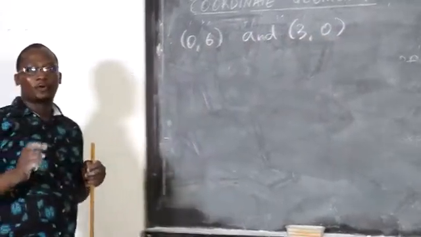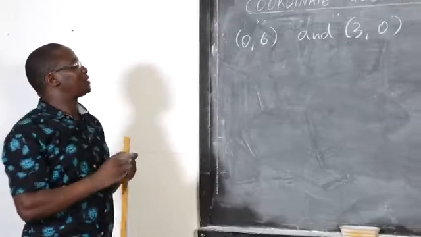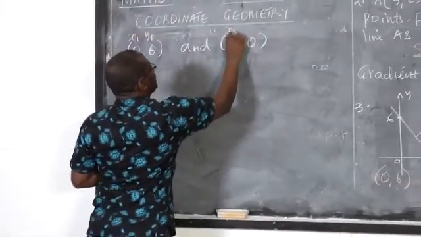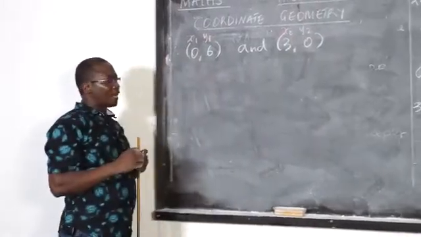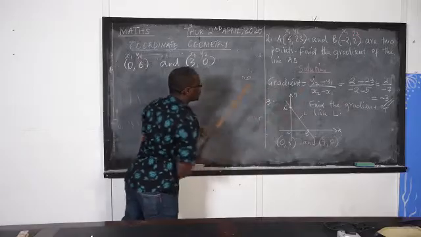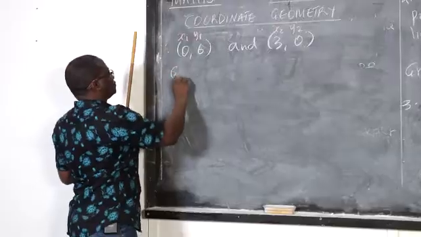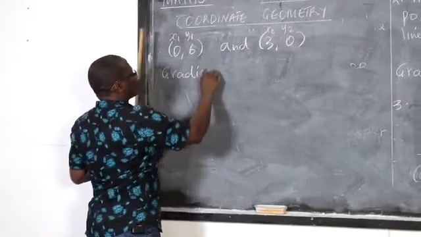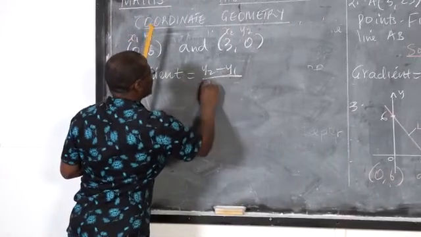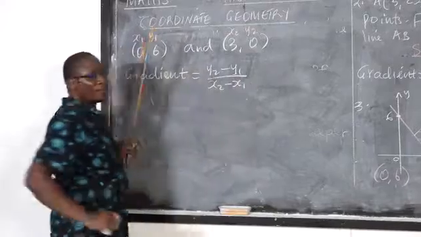Just like I said before, the first thing, label the points correctly. After that, write down the formula of getting gradient. That's the question. Find the gradient of the line L. So writing the formula will not even take you more than 10 seconds. And remember, I said the more you write it, the more you will remember.